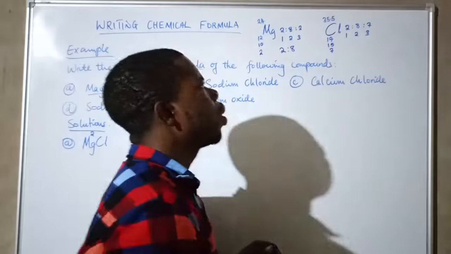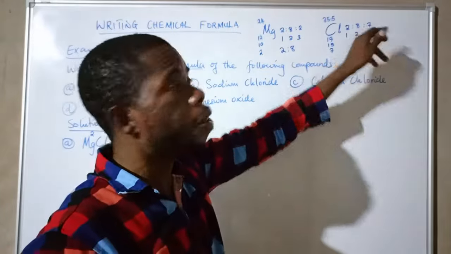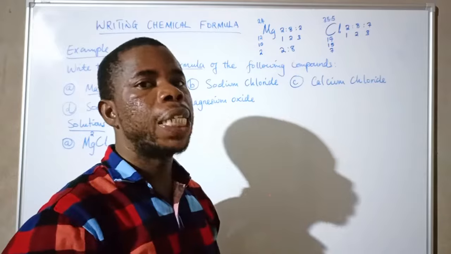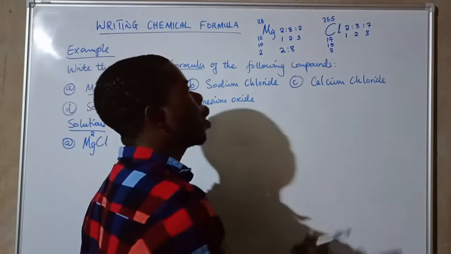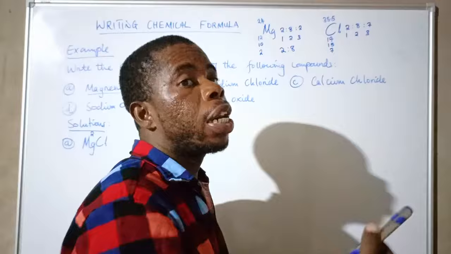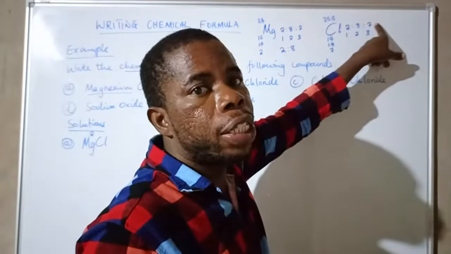Now, this shell, which is the last shell, doesn't have the required number of electrons, which I said is 8 or 18. Since chlorine is a nonmetal, it has to gain how many more electrons to make this 8?